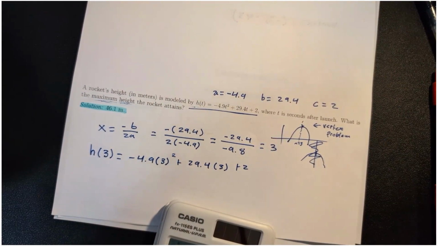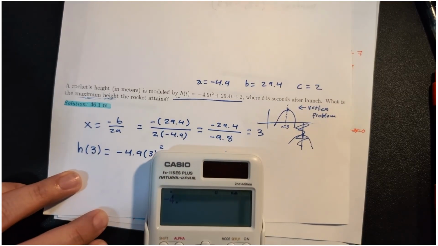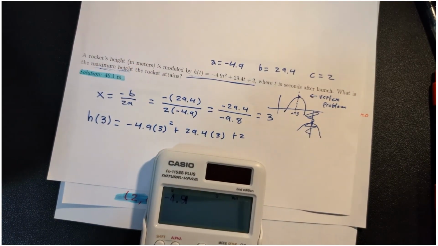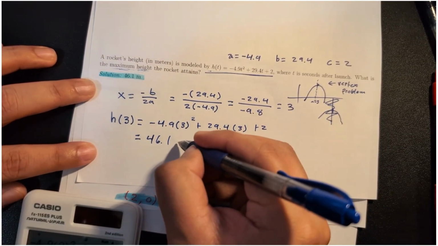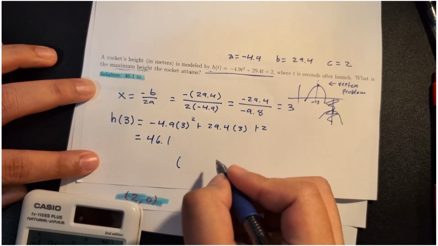So plugging that in, negative 4.9 times 3 squared, plus 29.4 times 3 plus 2 gives us 46.1.